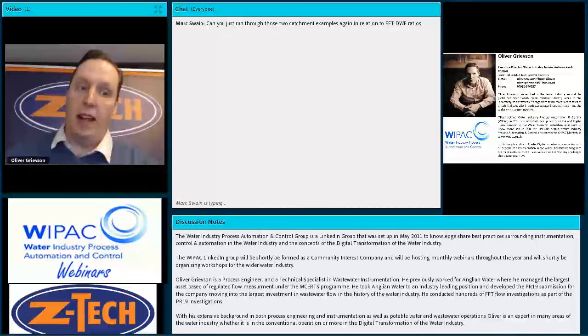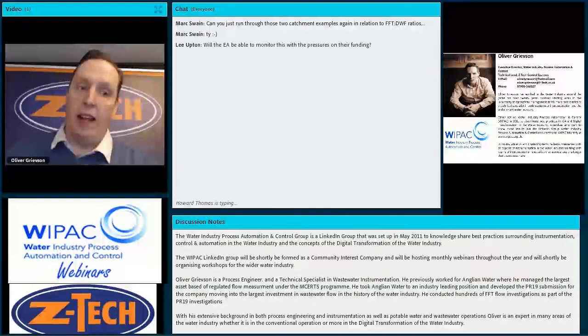The assessment rules. We've got a strong minimum standard for MCERTs, but it's all centered around dry weather flow. There's not really that depth in the documentation at the moment around how an MCERTs inspector is expected to assess that system.